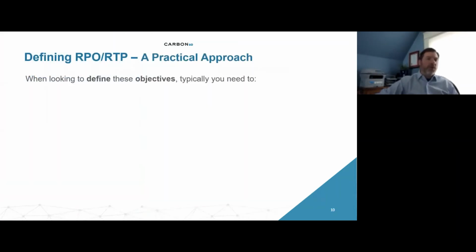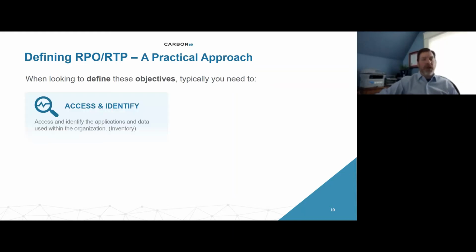So when you look at defining an RPO and an RTO, you have to look at it from a practical approach. So the first one is assess and identify. You need to be able to understand the applications and the data that the organization uses, basically an assessment and an inventory of all those aspects, and they can be grouped by business unit and whatnot.